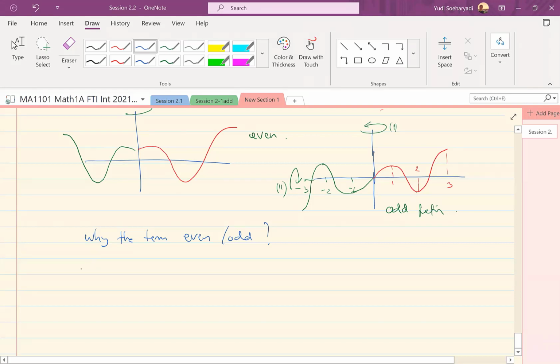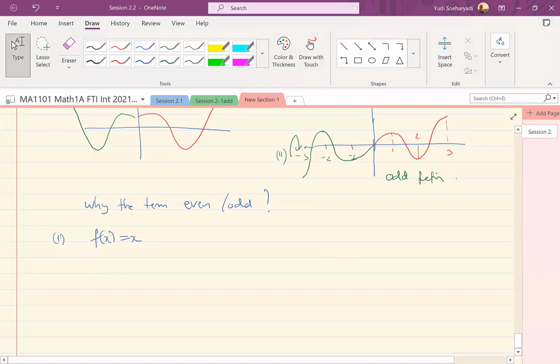Okay, so let's check the function. When you check whether functions are even or odd, just check this one: f of -x.